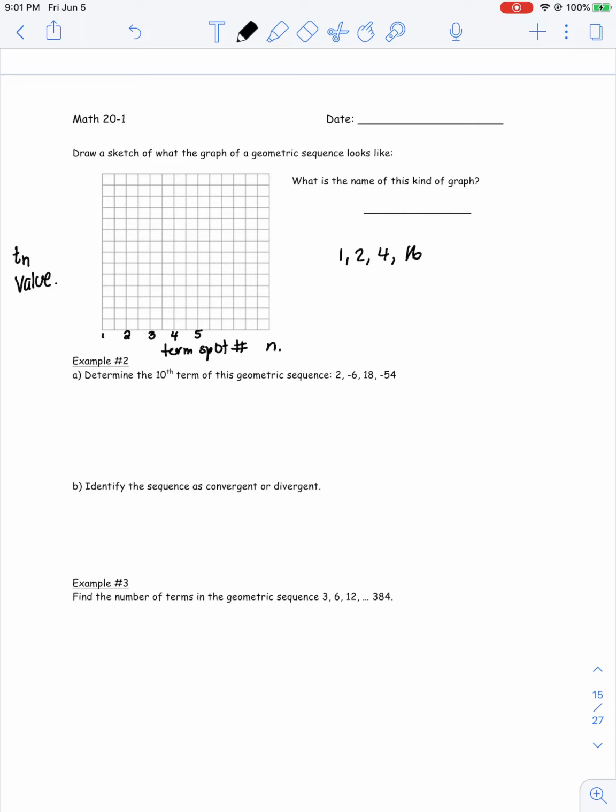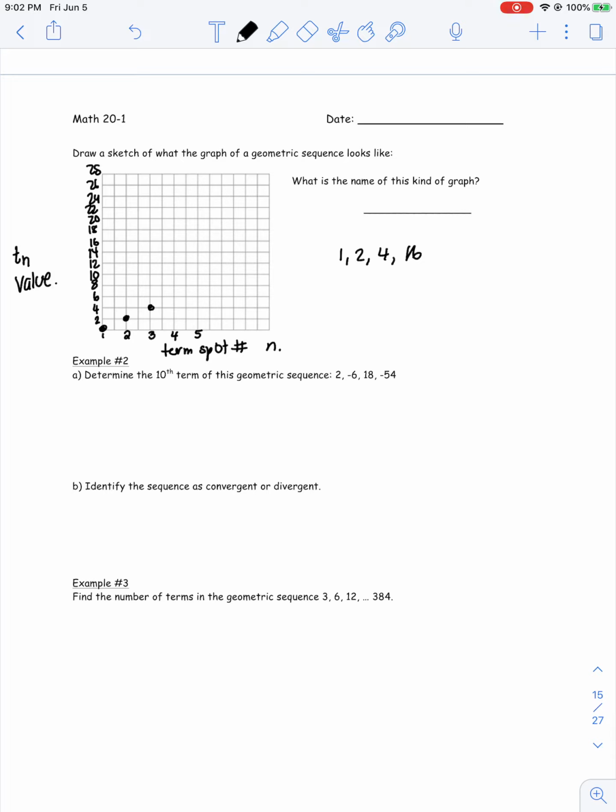So what is the actual value of it? We could go up by 2s: 2, 4, 6, 8, 10, 12, 14, 16, 18, 20, 22, 24, 26, 28. At term 1, we're at 1. At term 2, we're at 2.